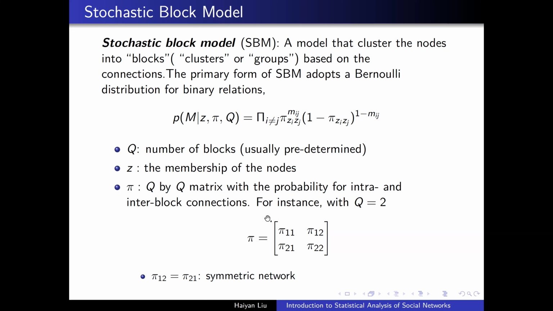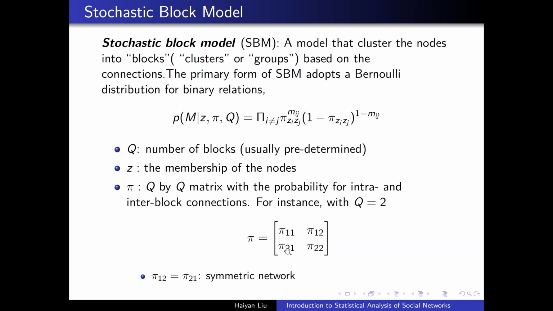If a pair of nodes are in block 1, for instance, the chance for them to connect is fixed, the same value. For all nodes in the same block, the chance for them to connect is pi 1,1. For all the nodes in block 2, the probability for them to connect is pi 2,2. For a node in class 1 connected to a node in class 2, it's pi 1,2.